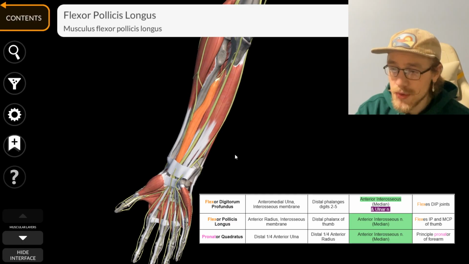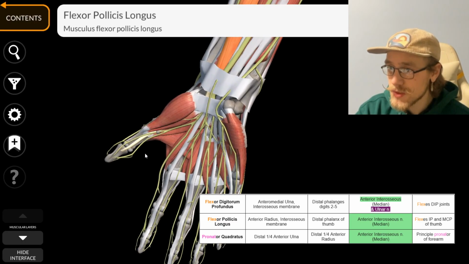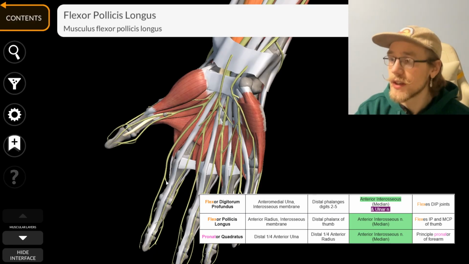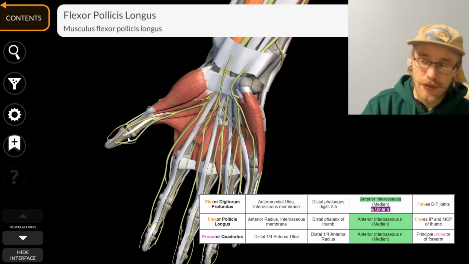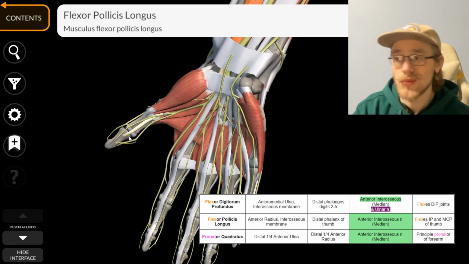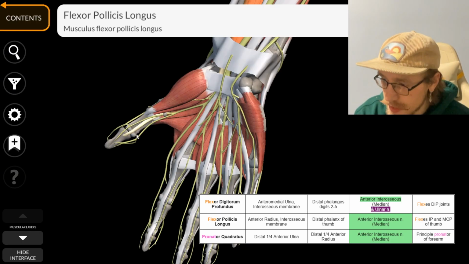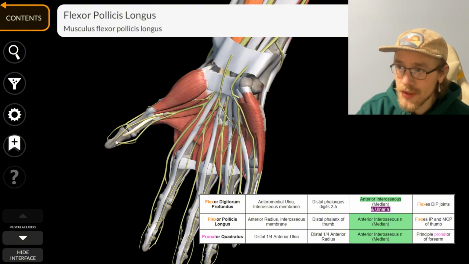And it's going to move right into the distal phalanx of the thumb. So just like the other guy here, it's going to go into that far away one. So the deep muscles go to the far away phalanx, phalanges, whatever. And it's going to also flex the DIP joint of the thumb.